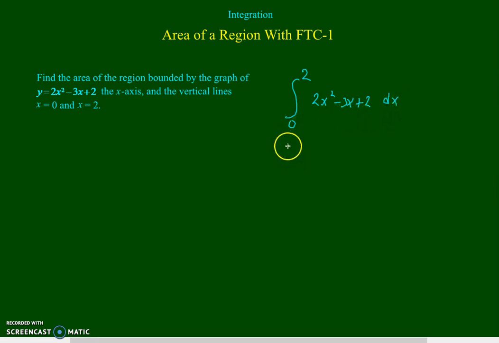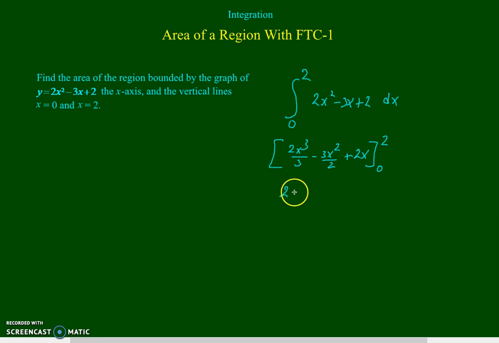So we can go ahead and take the antiderivative of this, and that gives us 2x to the third over 3 minus 3x squared over 2 plus 2x evaluated from 0 to 2. And now we do our evaluation.